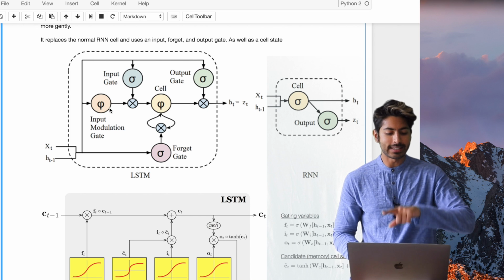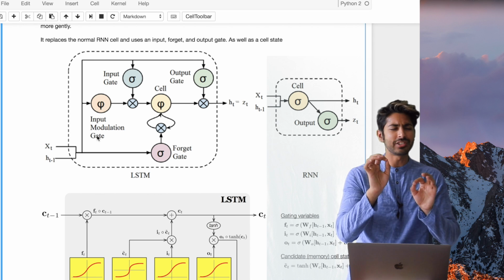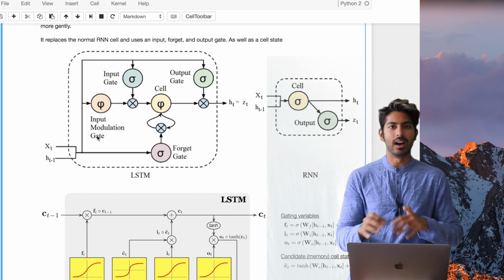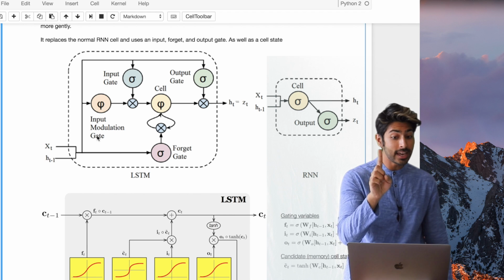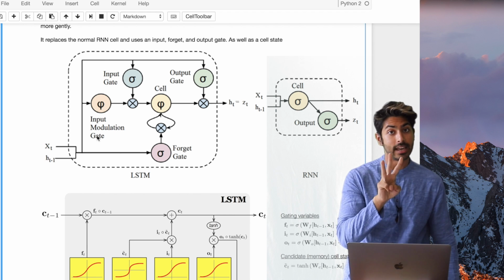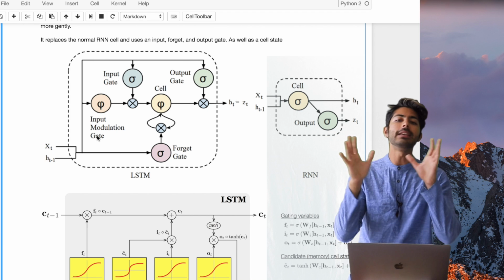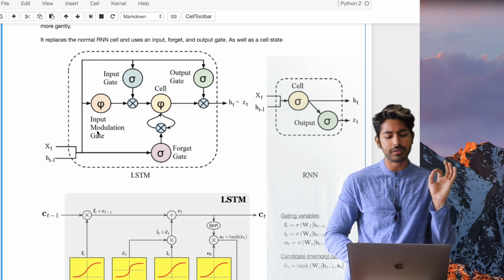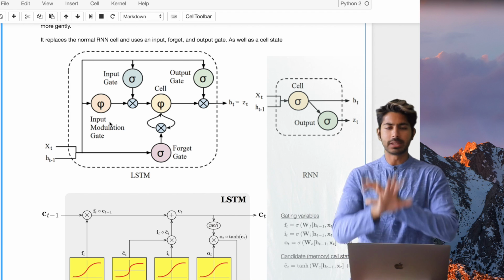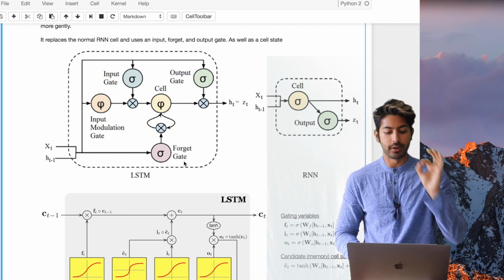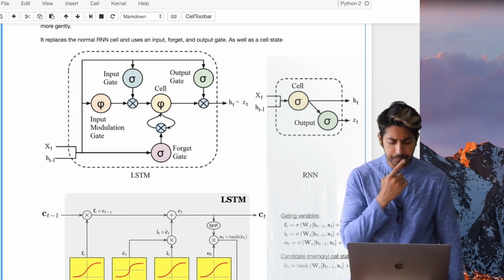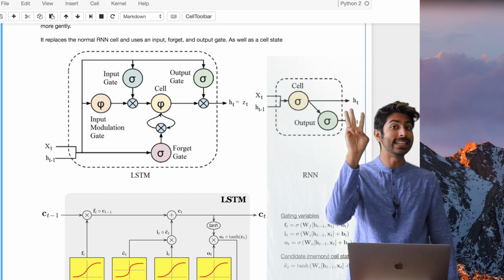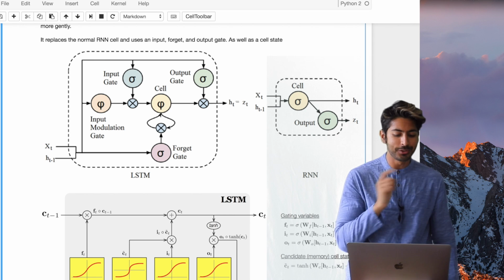Now you also see this input modulation gate, but that's only used sometimes, so just forget that exists. There are many variants of LSTMs, and that's why you see the input modulation gate, but the most used ones are just input, output, forget, and cell state. So we've got 3 gate values, and then we have a cell state.